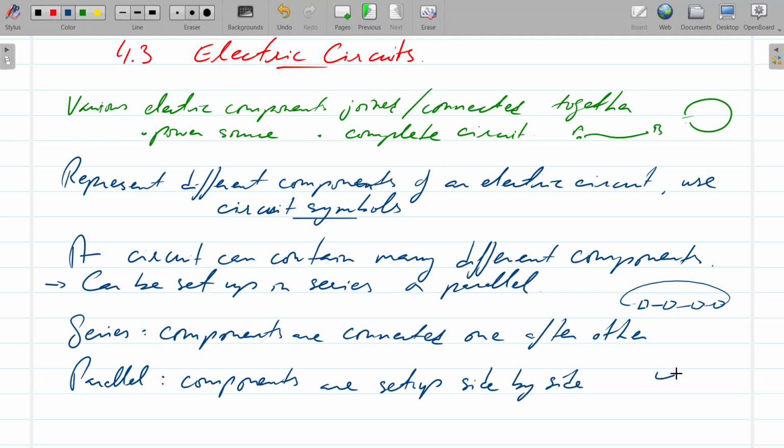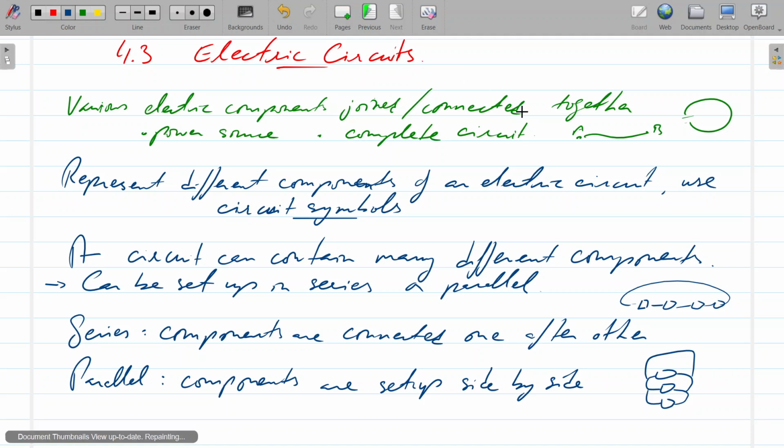And so they look like this. You've got one component over here, and one over here, and then one over here. And so, right, this is how they sort of are connected. Right, so it's a straight line there, side by side or branched.